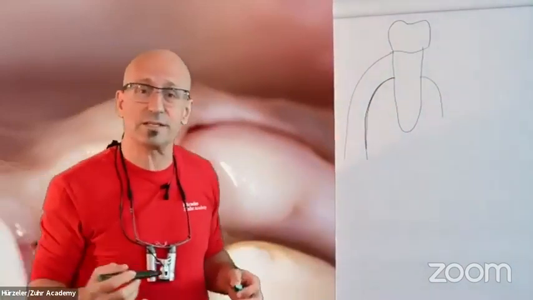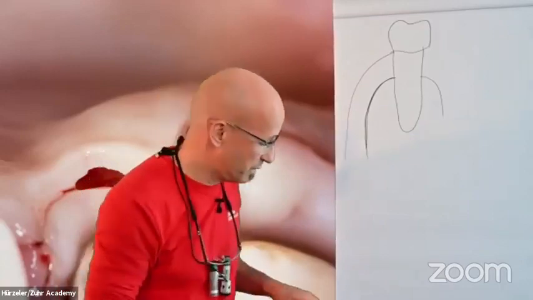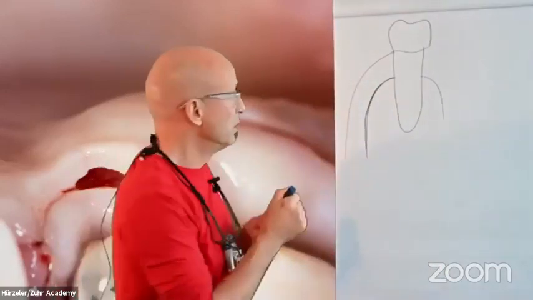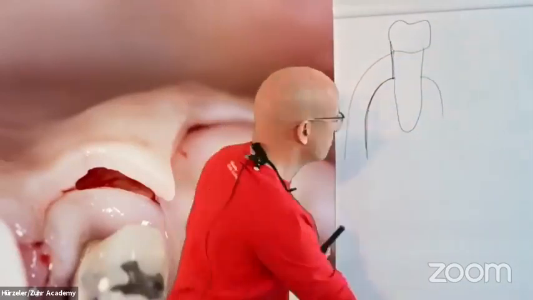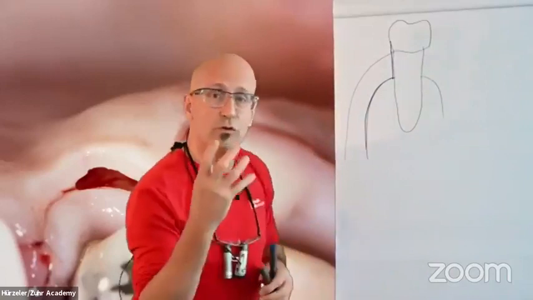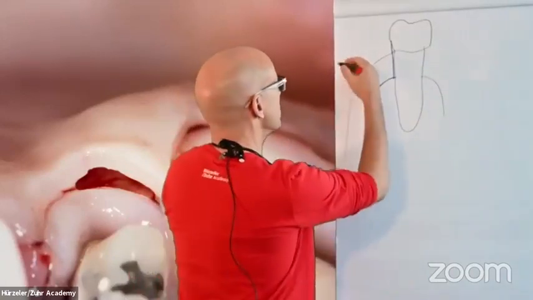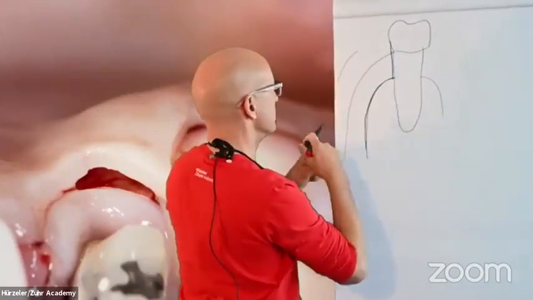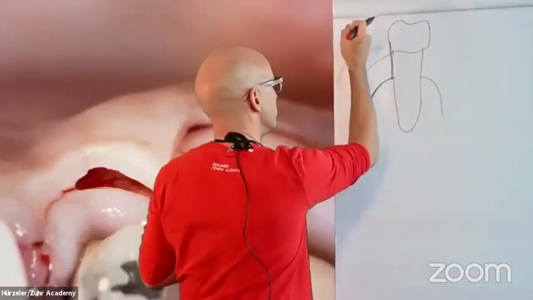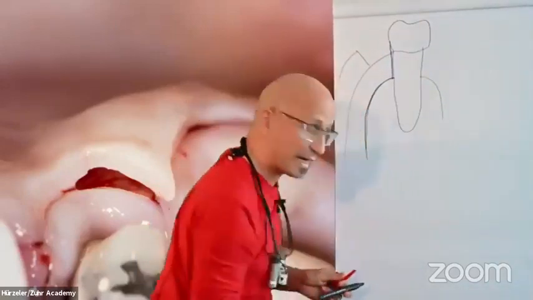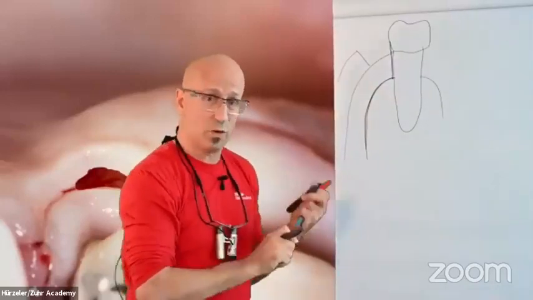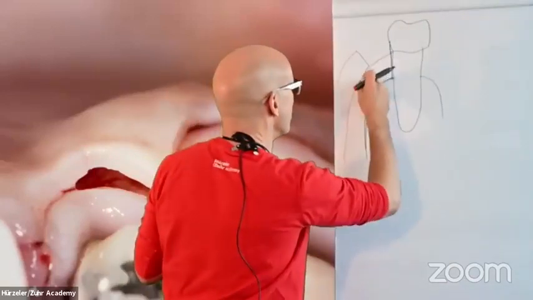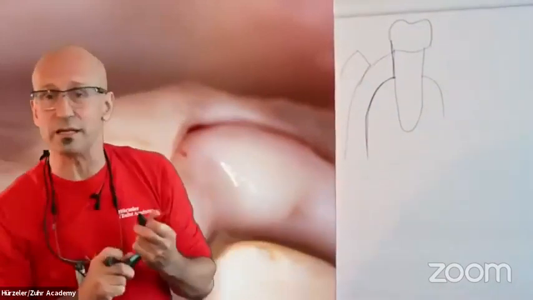The easiest flap design to perform for every clinician is to do a sulcular incision here and then open a so-called full thickness flap, which includes the periosteum. This is the classical full thickness flap we most of the time use when we perform a surgery around teeth.